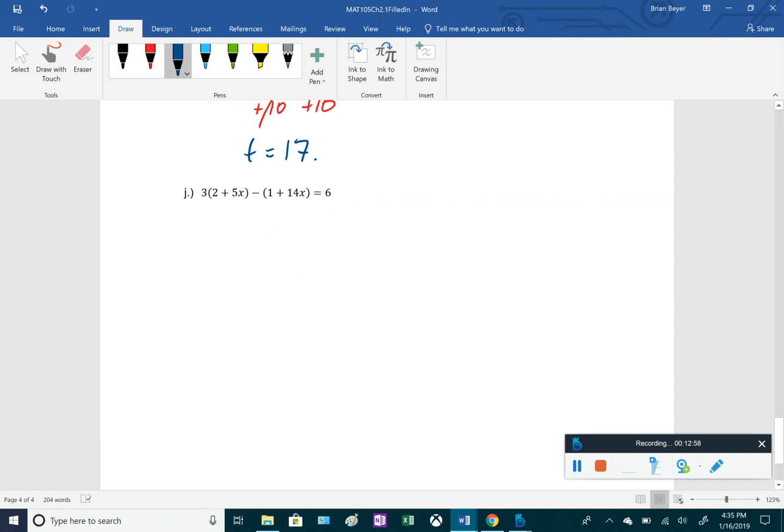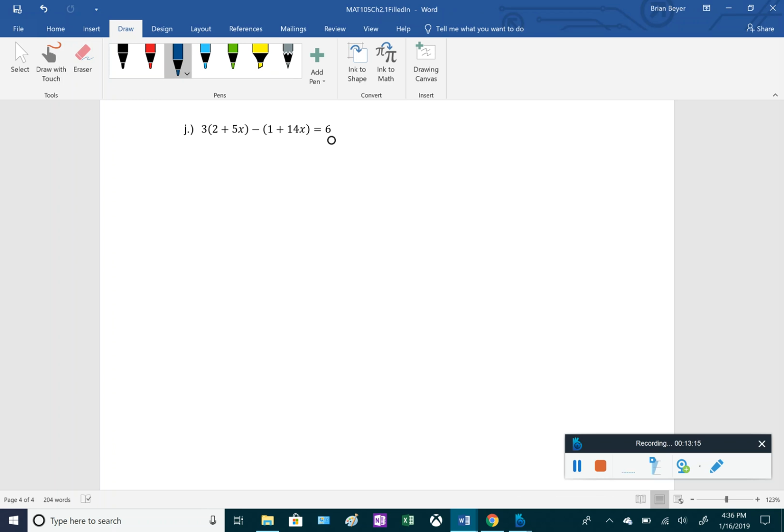Okay, and then this looks like the last one right here. We have 3 times 2 plus 5x minus 1 plus 14x equals 6. So we want to simplify that left-hand side first. So to do that, we actually have to distribute.